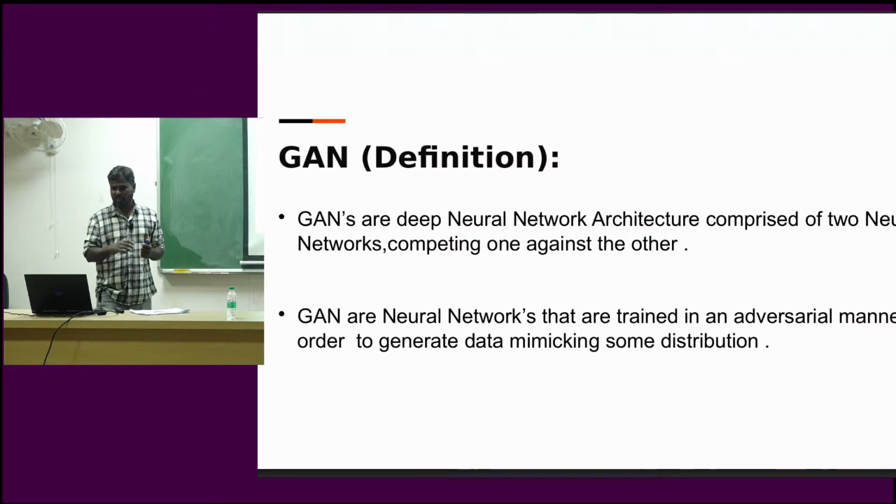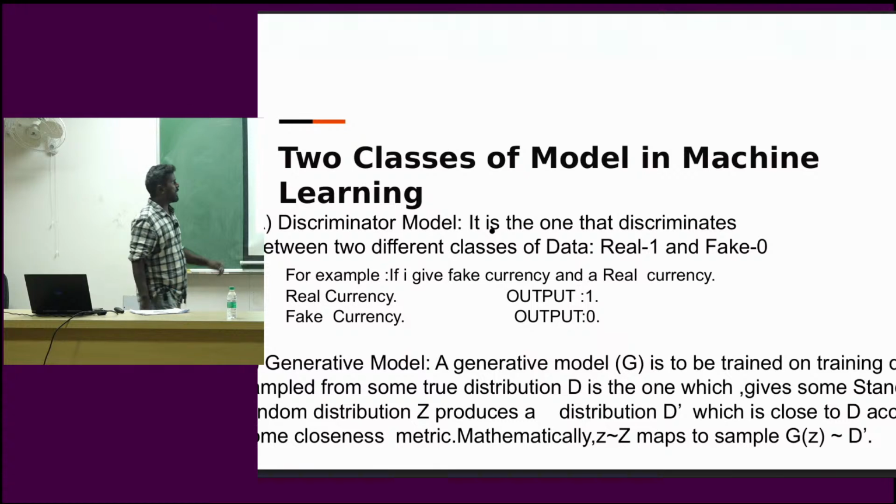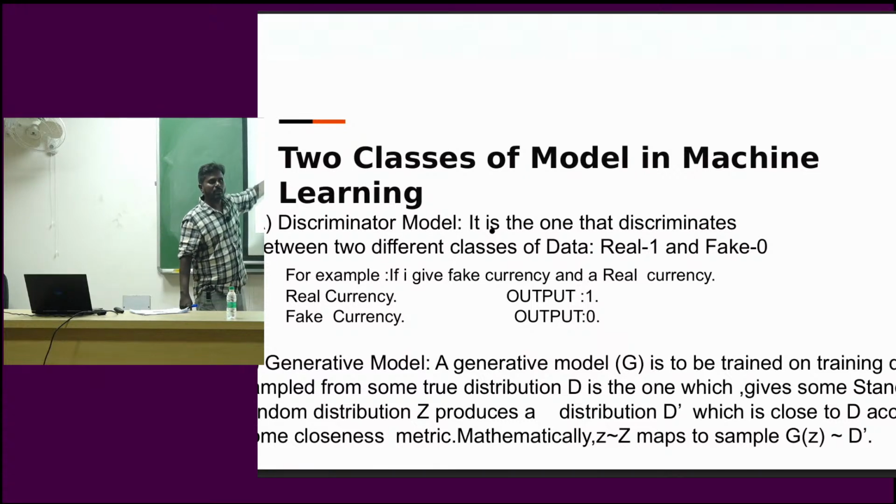I'll give you a simple example later, where I can bring in an analogy. First, to understand what these two models do in GANs: there are two models, one is the discriminator, the other is the generator.